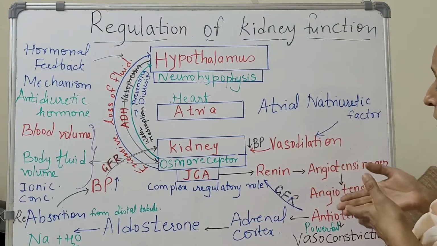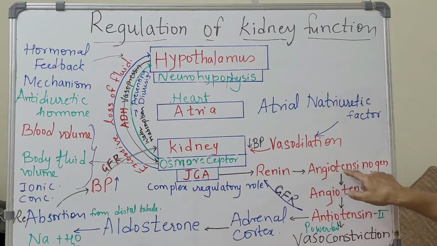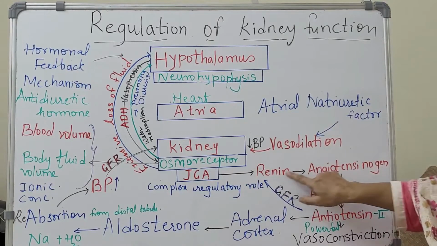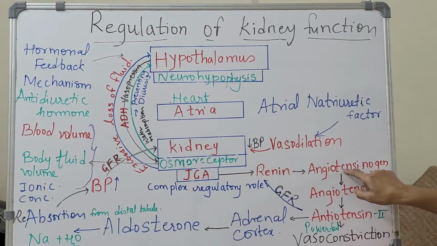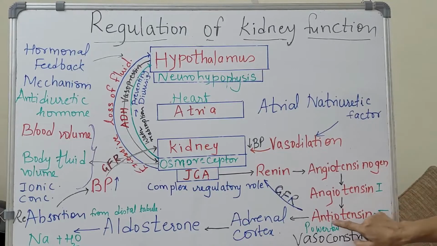Now there is a chain. Renin leads to the formation of angiotensinogen, which will release angiotensin 1, which will get converted into angiotensin 2.